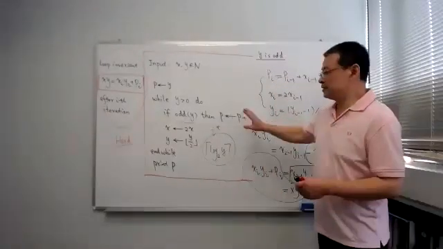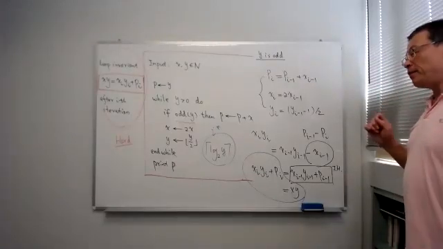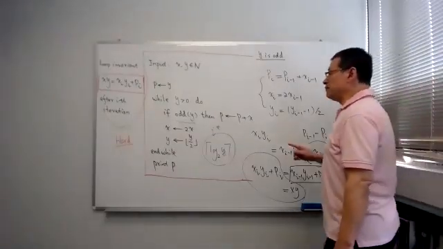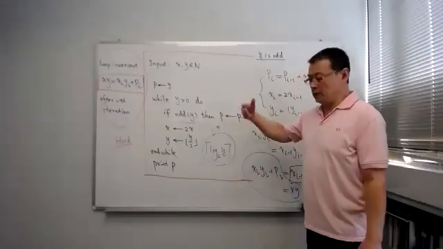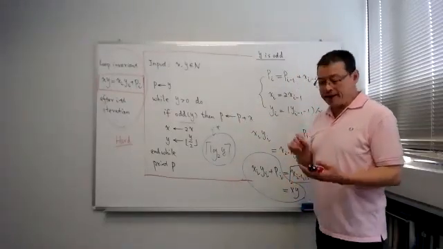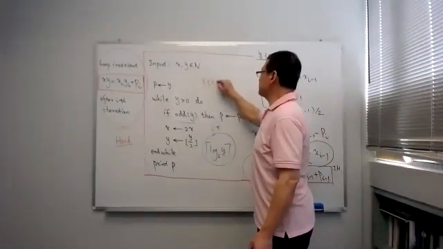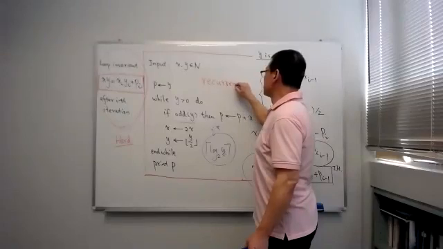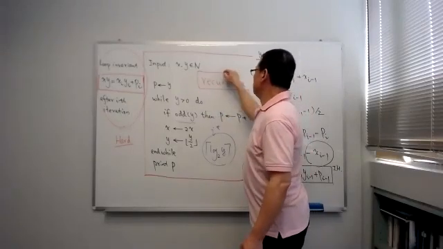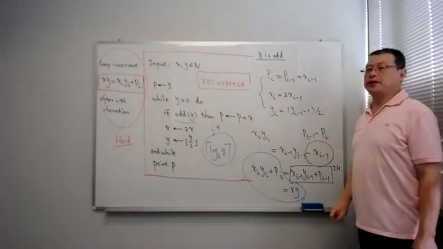So here are the simple examples. Now another point I want to make: the very foundation of what we are doing when proving correctness is, again, this word, recurrence. Our proof is based on recurrence.